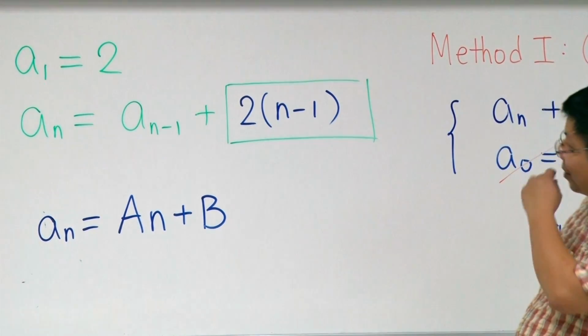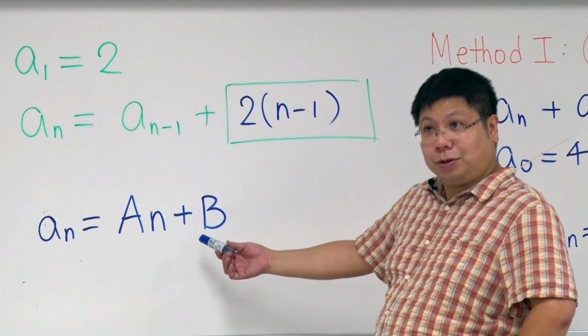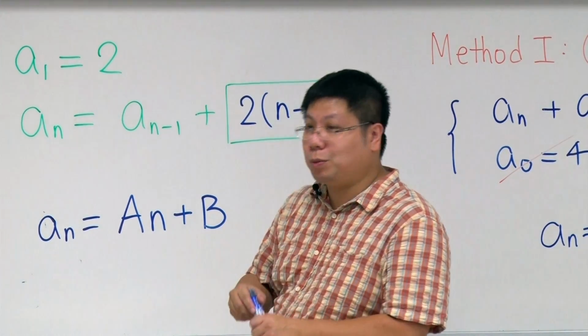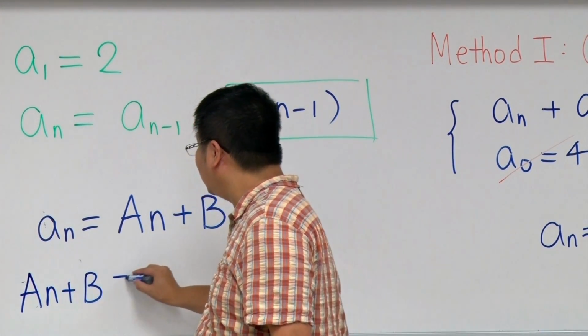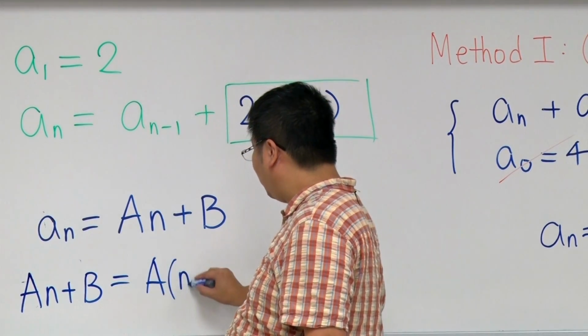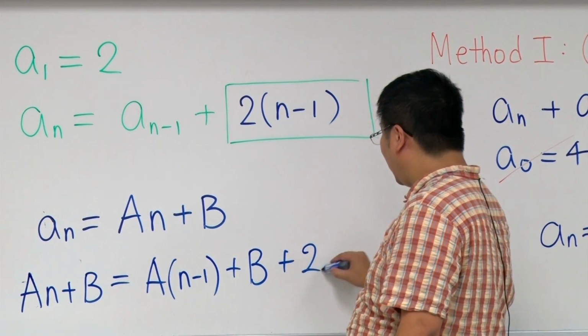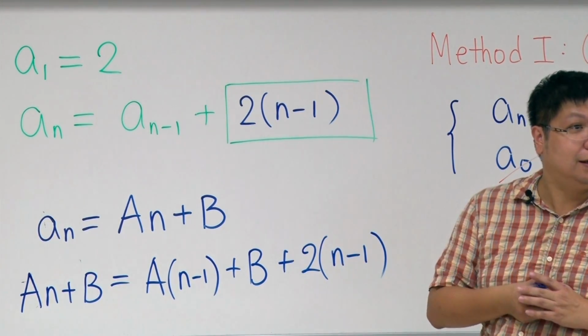Does it work or does it not work? Let's try. So if a_n is equal to an plus b, then what do we have? We will have an plus b is equal to a times (n minus 1) plus b plus 2 times (n minus 1). Am I correct? Right?